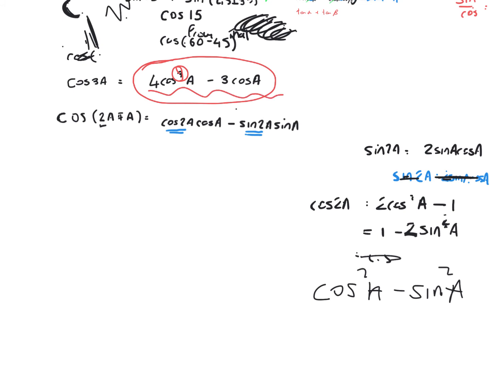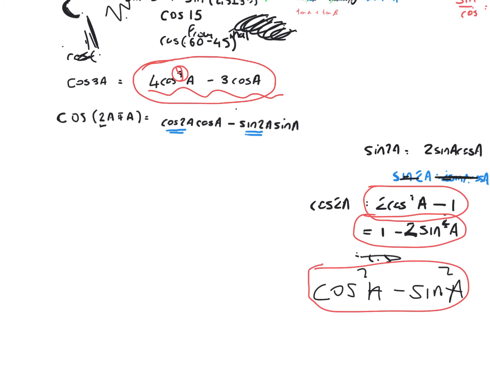So for cos 2a, I've got options, which is this one and this one. I would stay away from the other two because they mix up cos and sine. If the answer looks to be all in cos, why don't I aim towards that? So I'm going to use that as an expansion, 2 cos squared a minus 1. Where I see cos 2a, I can replace it with 2 cos squared a minus 1.